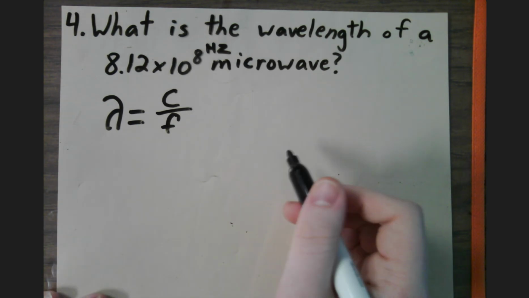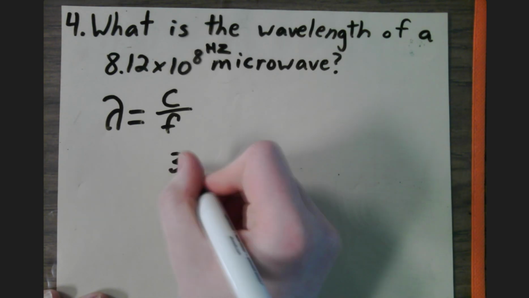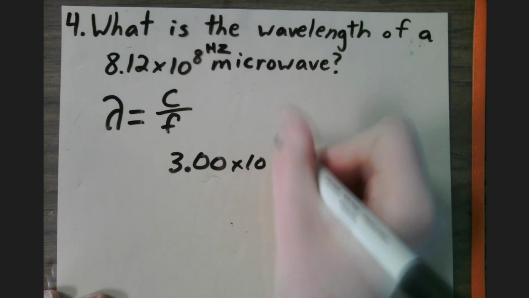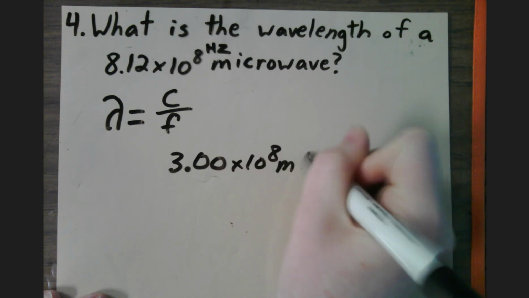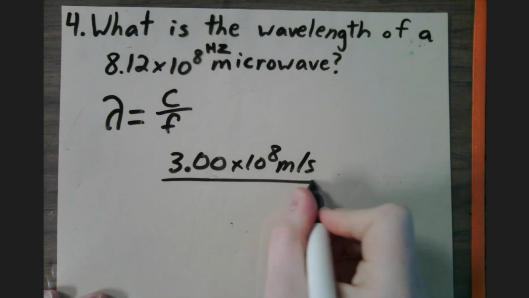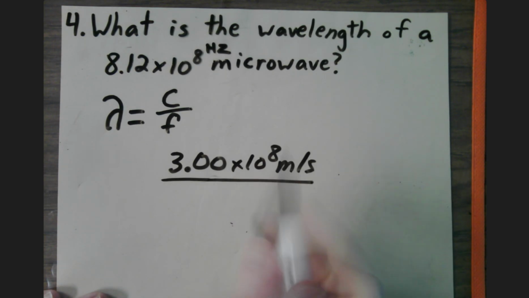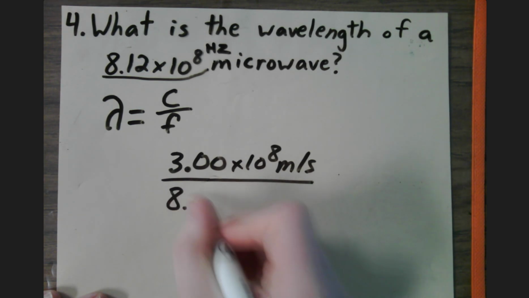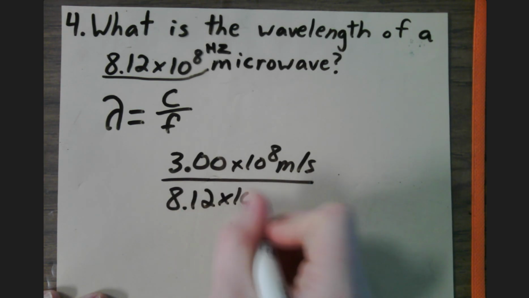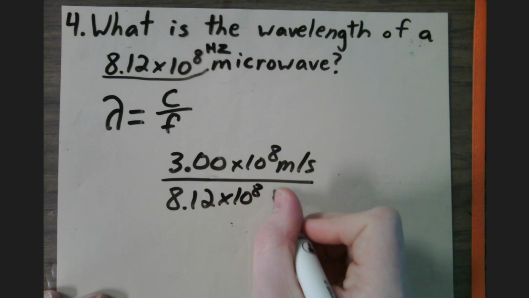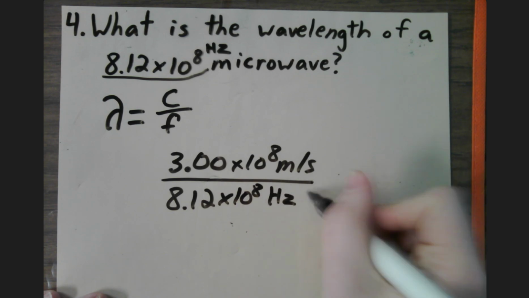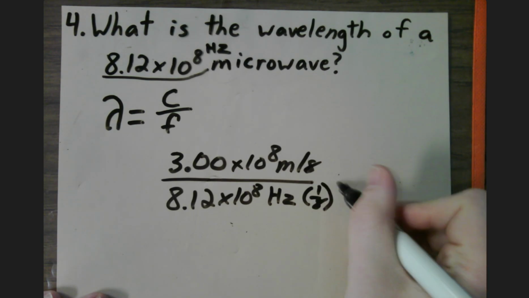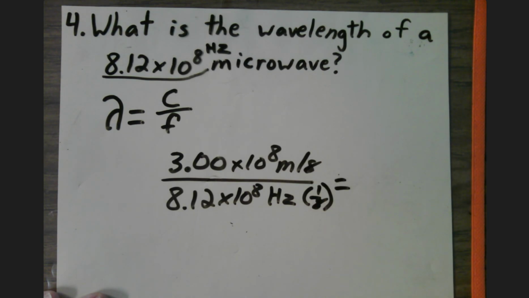The speed is always the same: 3.00 times 10 to the 8th meters per second. You're going to divide that by our frequency. Well, here's our frequency: 8.12 times 10 to the 8th hertz, or 1 over s. Seconds are going to cancel out, and you're just going to be left with meters.